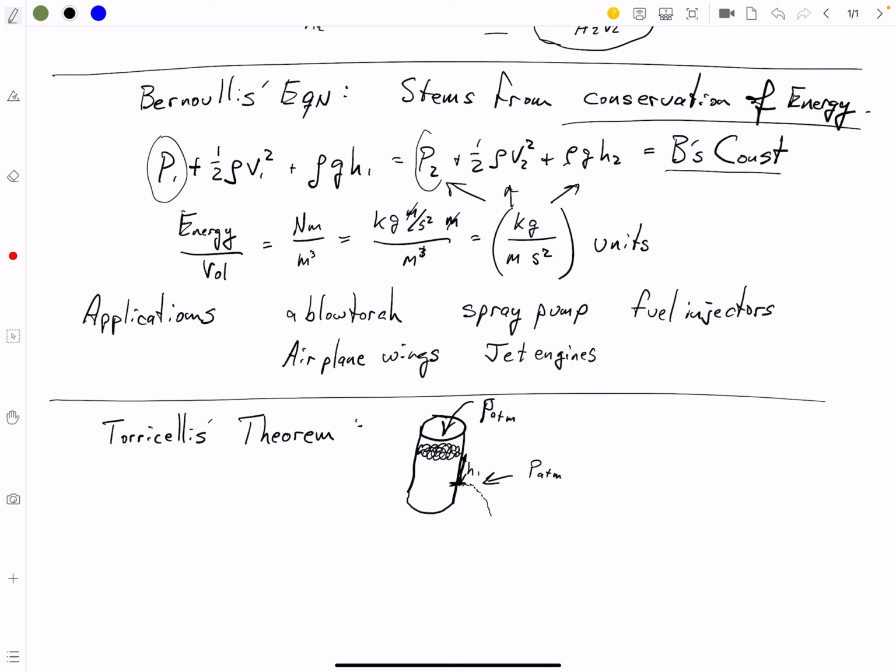This pressure and this pressure are now the same. So those are gone, right? Those don't matter anymore. They nullify each other. So we end up with the remainder of what's happening left.